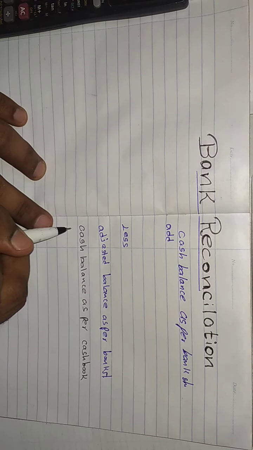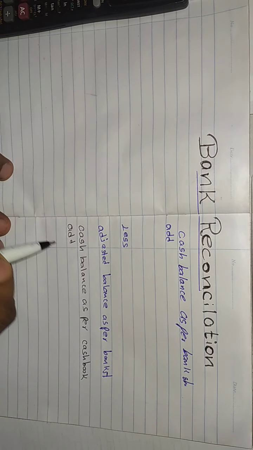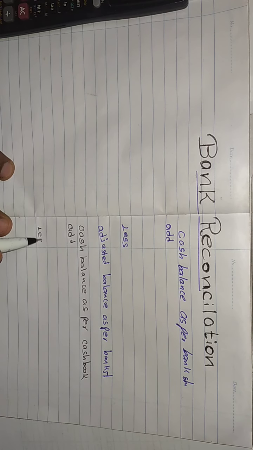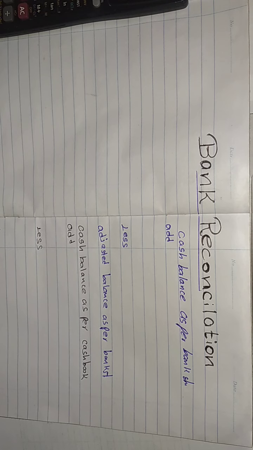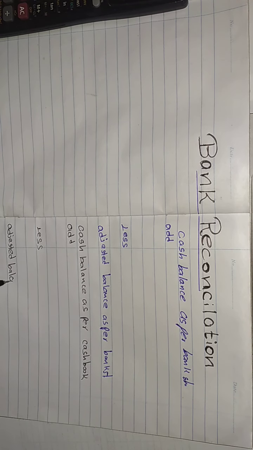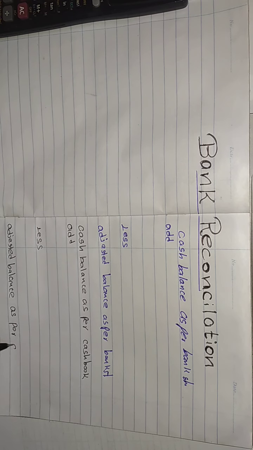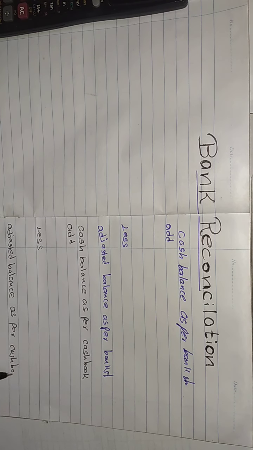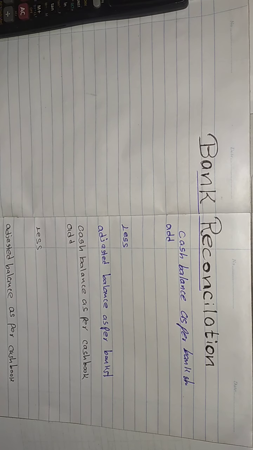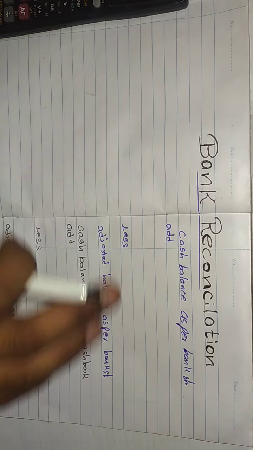Then we are going to add something, and we are going to subtract something, then finally you can get adjusted balance as per cash book. Okay, now this is for our general ledger.